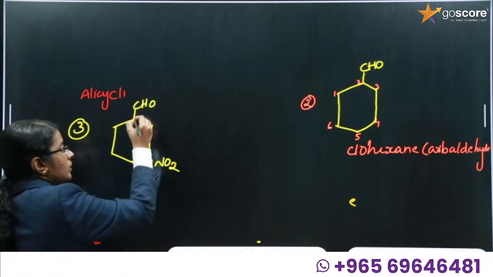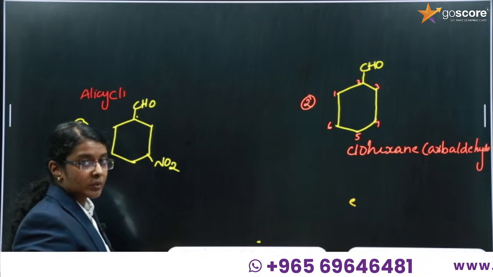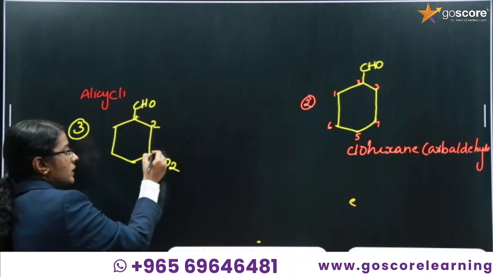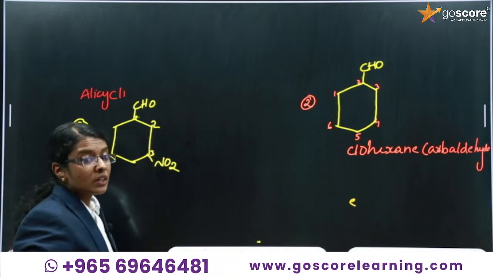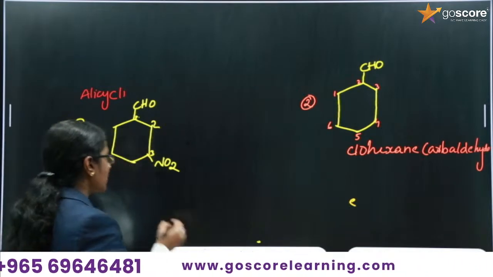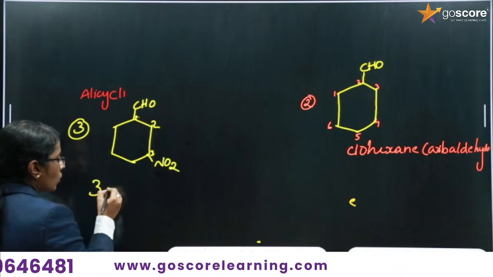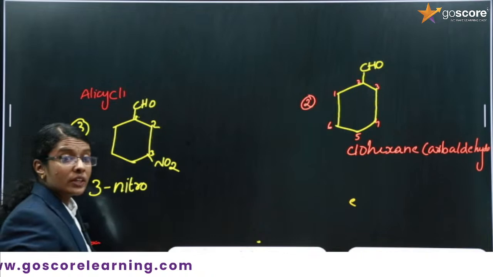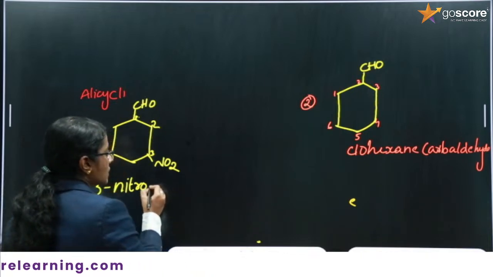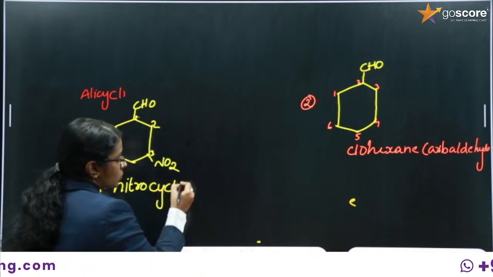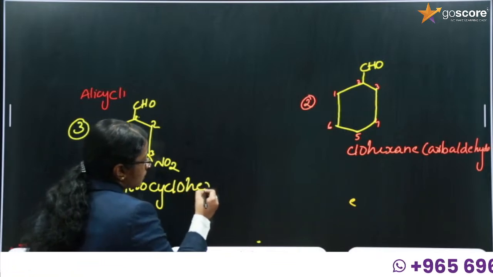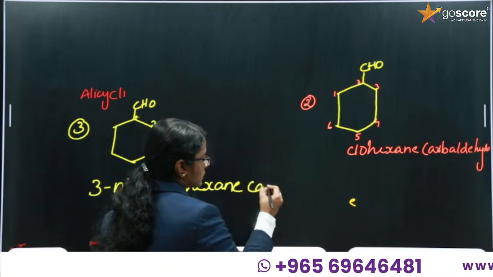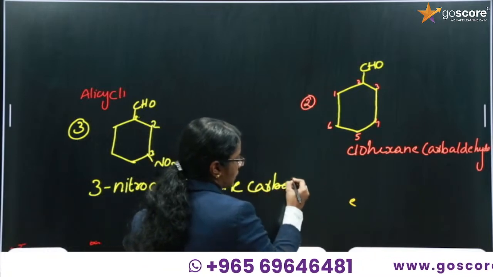Count the number of carbon atoms. You already know it is 6 carbon atoms. On the third position, there is a nitro group. So it is 3-nitro cyclohexane carbaldehyde.